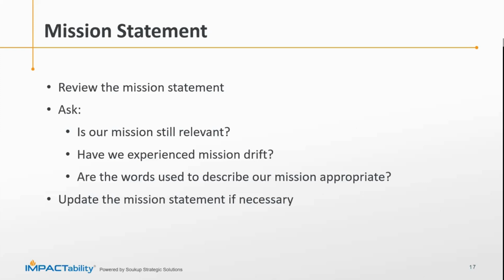So we try to get the leadership to identify, is there a reason why you keep representing your mission statement in a different way? We also ask, is it easy for your board members, your staff members, your volunteers, and your executive to state out in the community? Is it something that rolls off your tongue, or is it 3 or 4 sentences? When it's very long, we ask them to consider creating a separate mission statement and purpose statement.